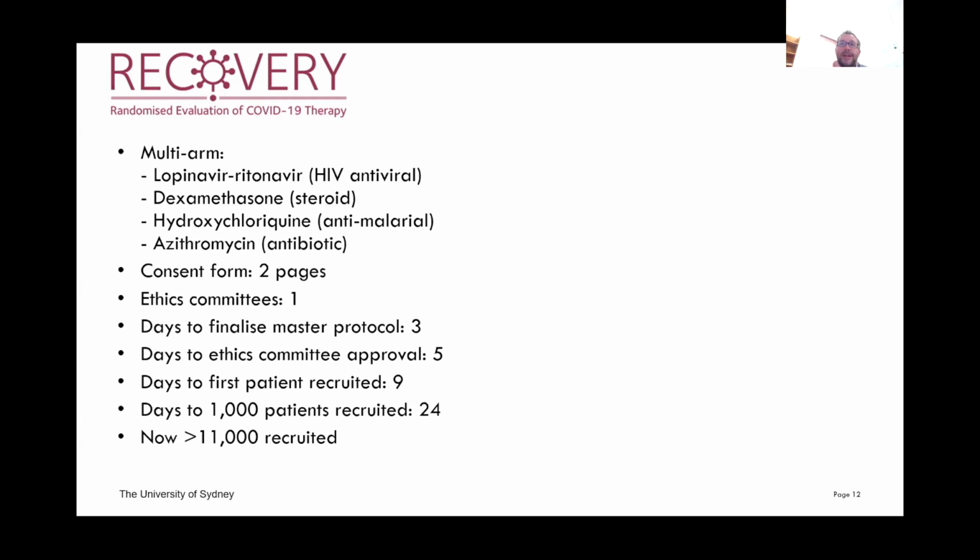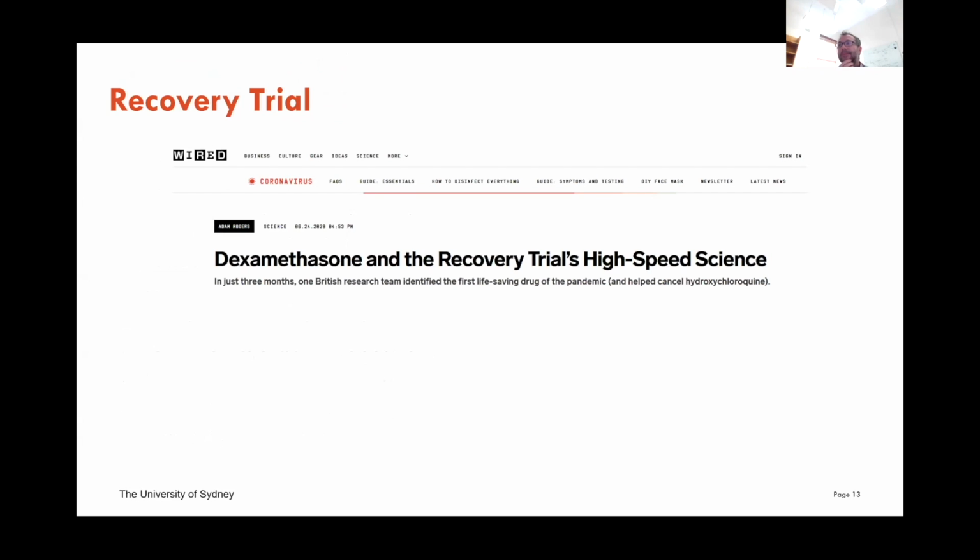It took them 3 days to draft and finalise the master protocol, 5 days to have the protocol approved by the ethics committee, 9 days to have their first patient recruited, 24 days to have 1,000 patients enrolled, and as of today they've got more than 11,000 patients recruited. So this is the way that we want to be doing clinical trials.